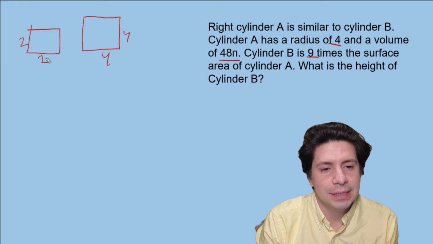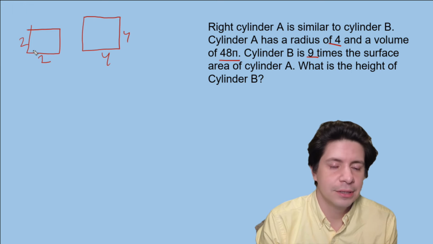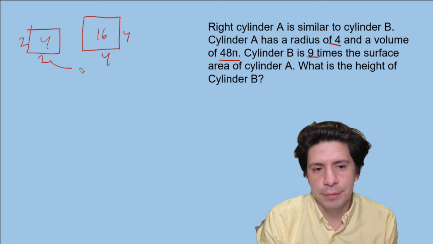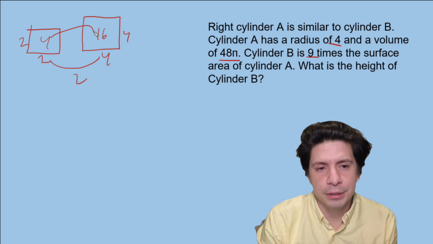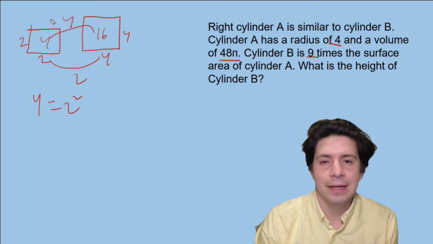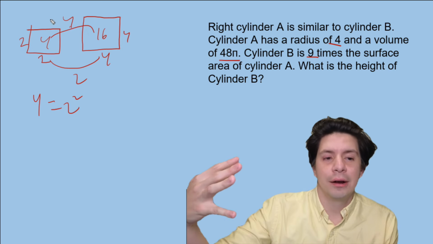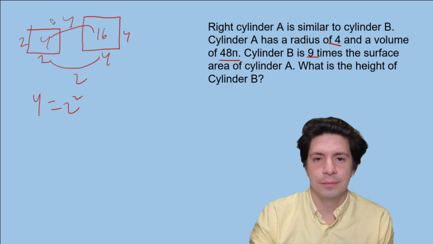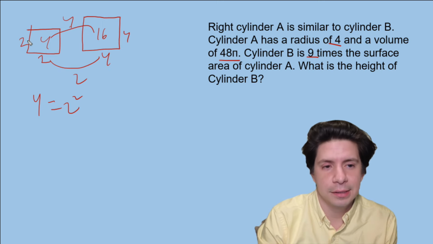Here, the dimension is half of this. This is double, right? So the area here is going to be 4. And the area here, 4 times 4 is 16. So to go from here to here, you double. And you go from here to here, you go 4. What's the relationship between 4 and 2? 4 equals 2 squared. So area is always the square in terms of proportions, right? For similar things, the square of the proportions in the lengths.